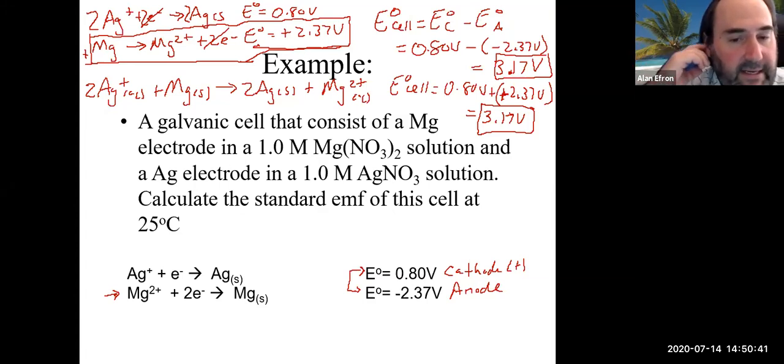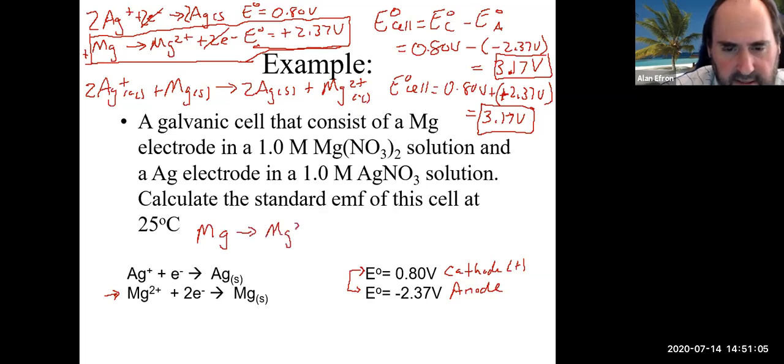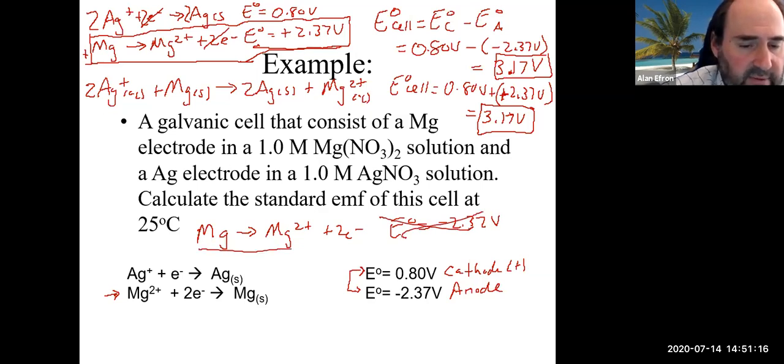So if you did get a specific question where it asks you to write either the anode reaction or the cathode reaction, remember, like that table said, the E values are specifically for how it's written, which means if you specifically wrote this equation and you did not flip that E value in terms of the sign, technically speaking, this is incorrect, because that is not the value that goes with this reaction written in that direction. The value that should go with it is the positive 2.37.